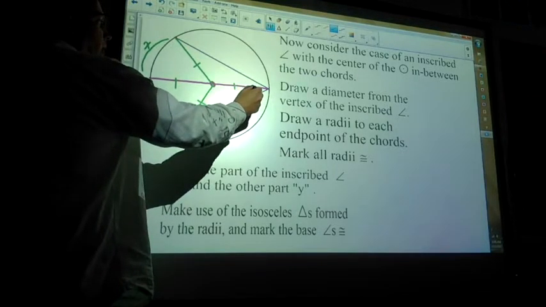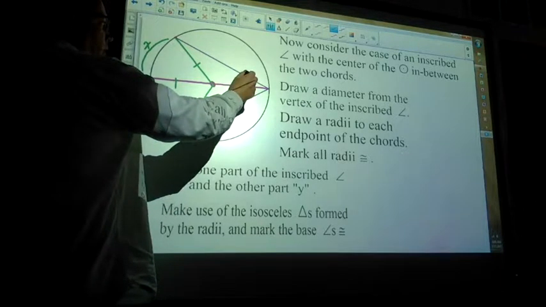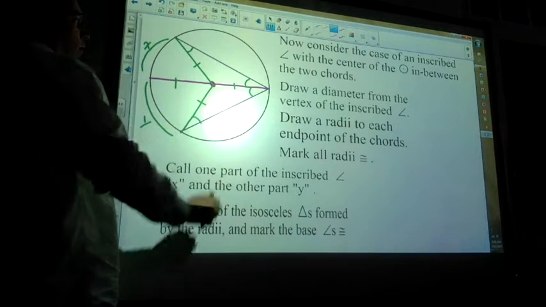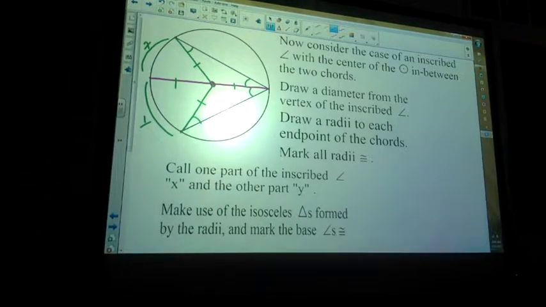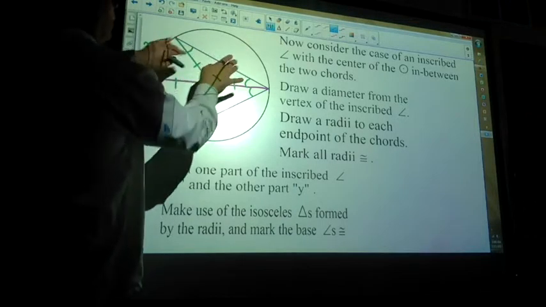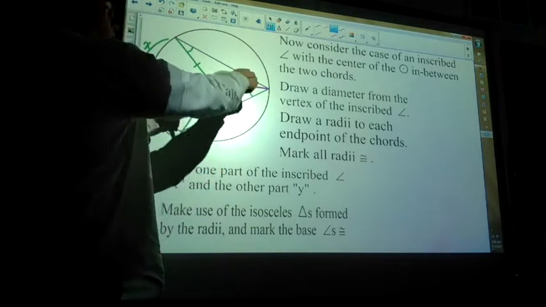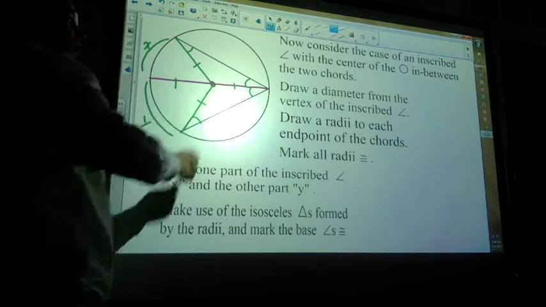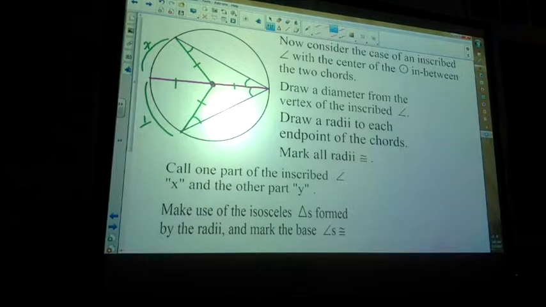So this angle and this angle are congruent. This angle and this angle are congruent. These angles are congruent here, these two, and these would have to be congruent because your side lengths are the same length. For each isosceles triangle, the bottom angle is equal to the middle one.